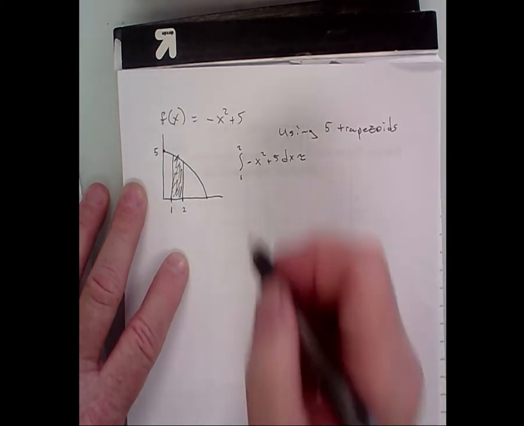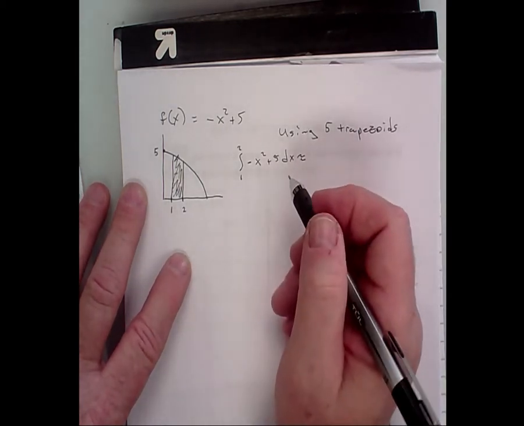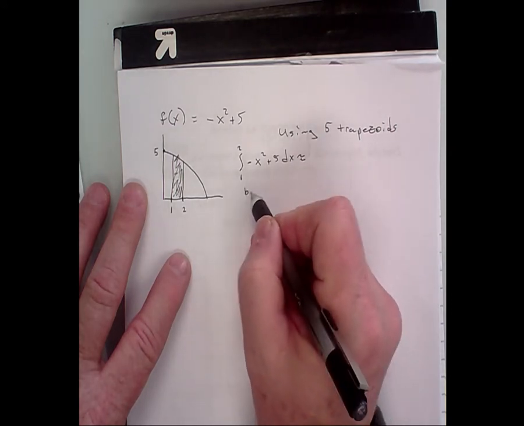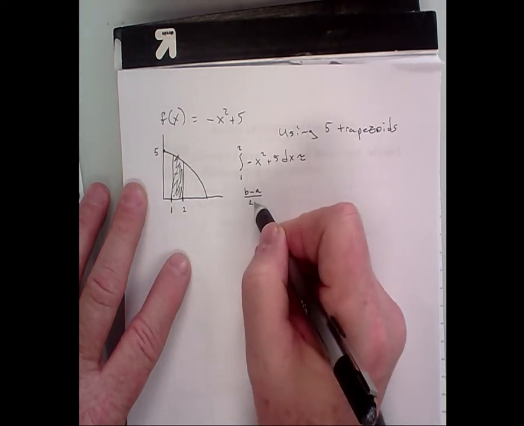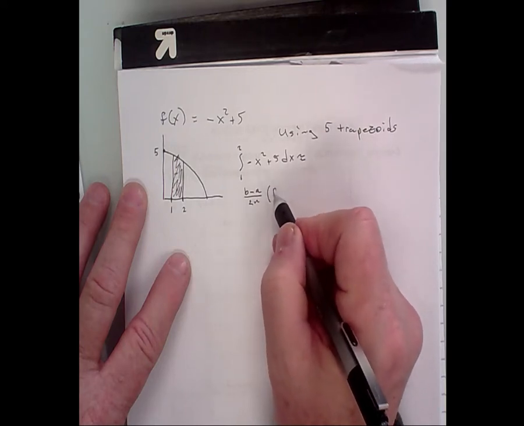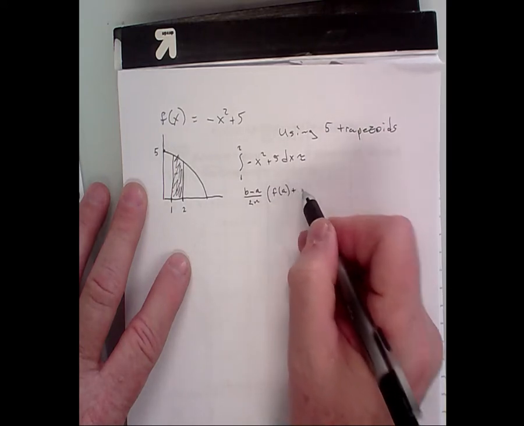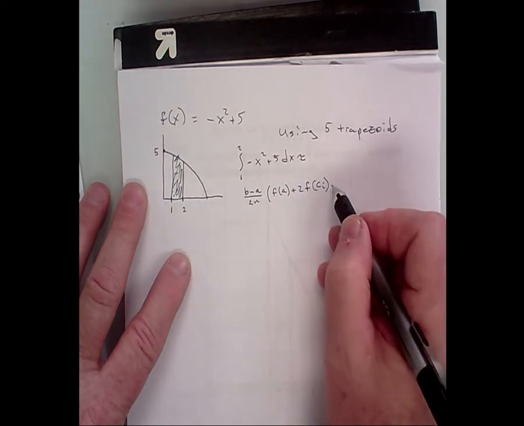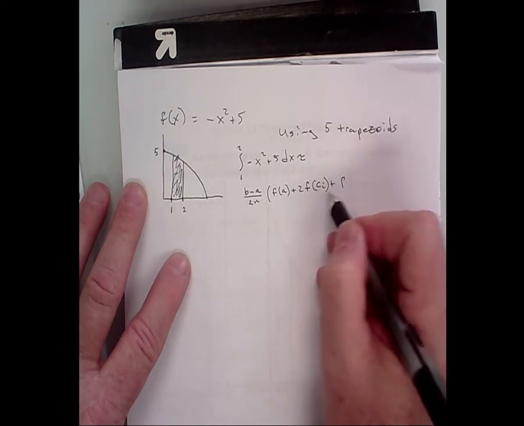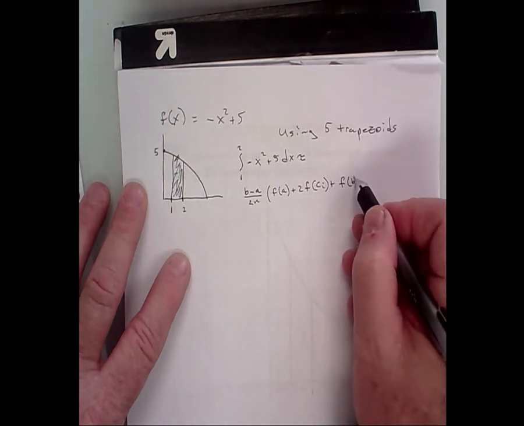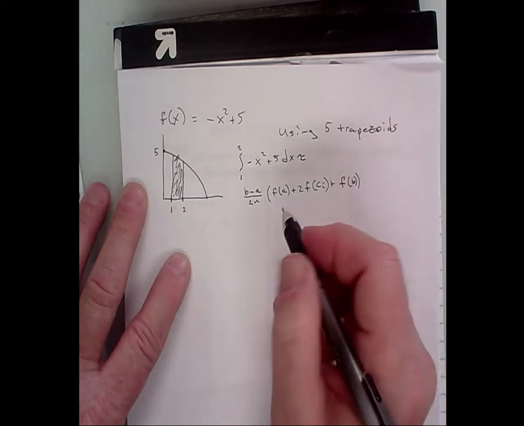Okay, and so just a reminder, we're going to use the trapezoidal rule, it's going to be B minus A over 2n times f of A plus 2 f of C sub I plus, and this could be a bunch of things here, just remember that, f of A.